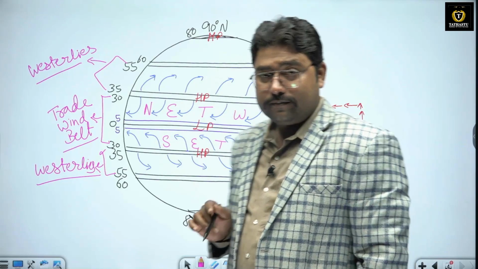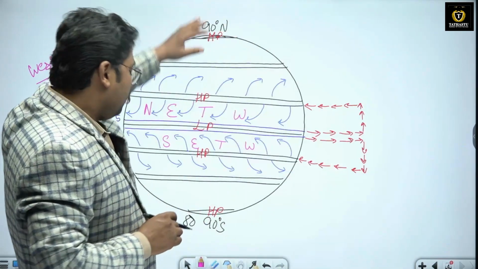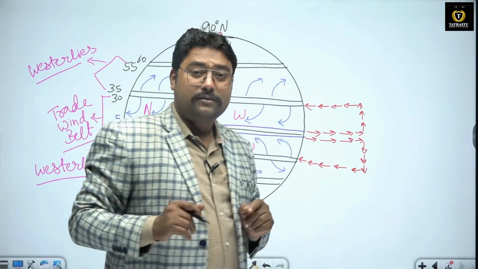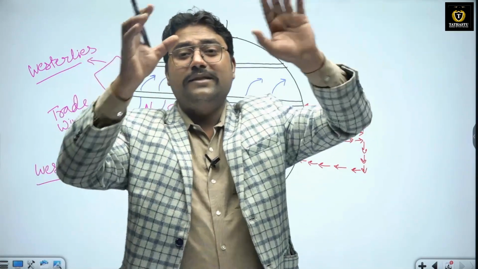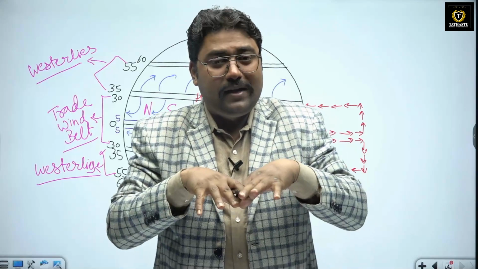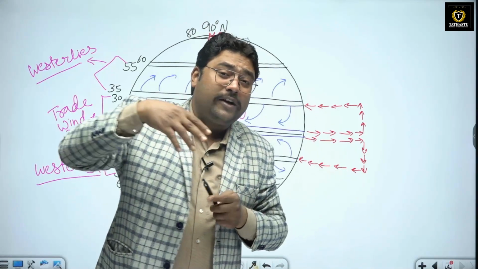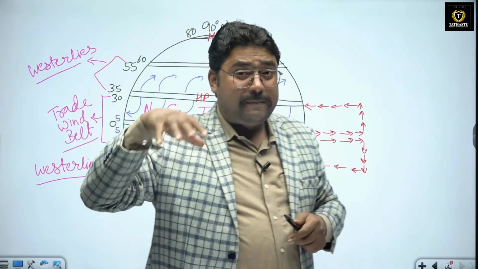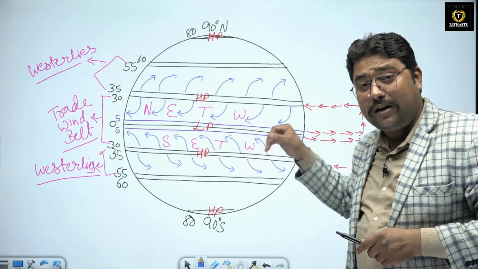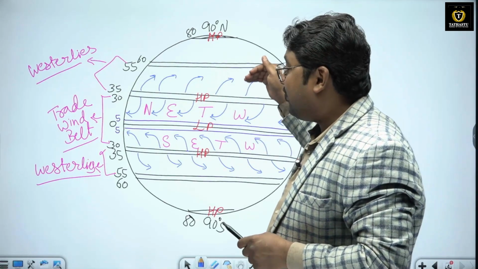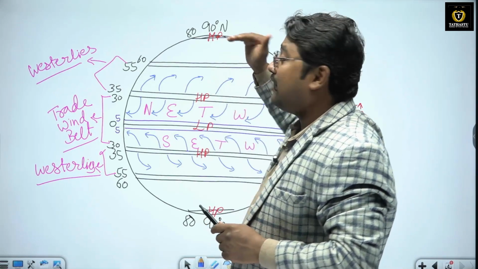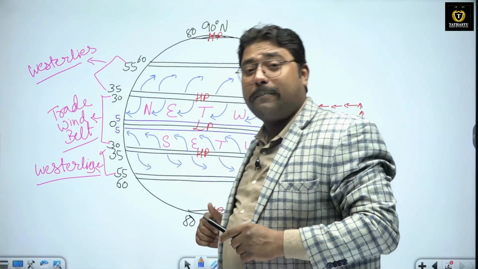Now, over the poles, due to high pressure, the wind is cold and heavy and sitting on the polar surface. And we know the earth is rotating, and the rotational speed of earth is 1600 km per hour on the equator, 1400 km per hour at 30 degree, 900 at 60 degree, and 0 km per hour on the poles.